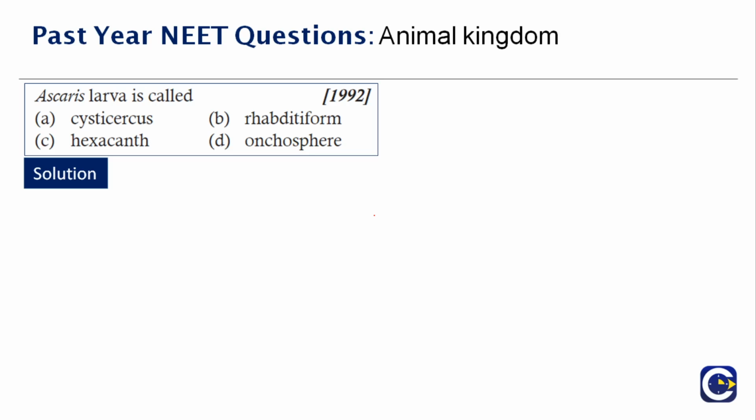So mostly when it comes to these parasitic diseases, there is always a diagnosis part. The diagnosis will always involve the stool sample examination. This is a very predominant diagnosis that they do for such a disease. Now the Ascaris larva. Okay, we are talking about the larva.